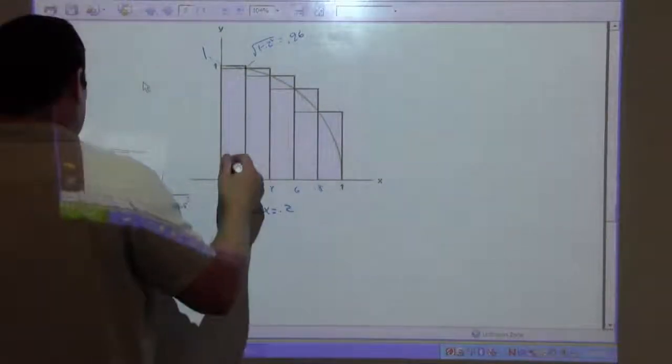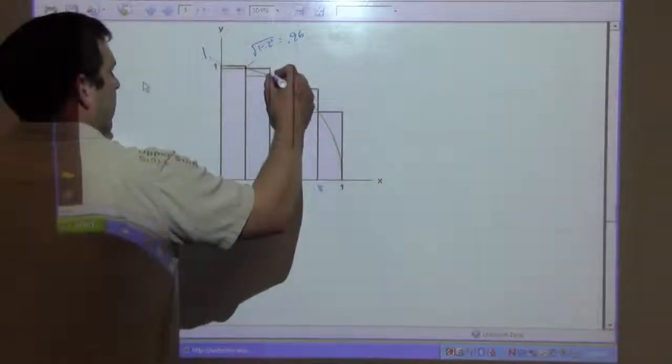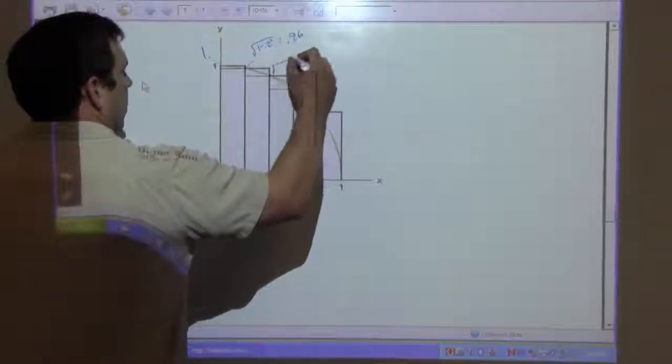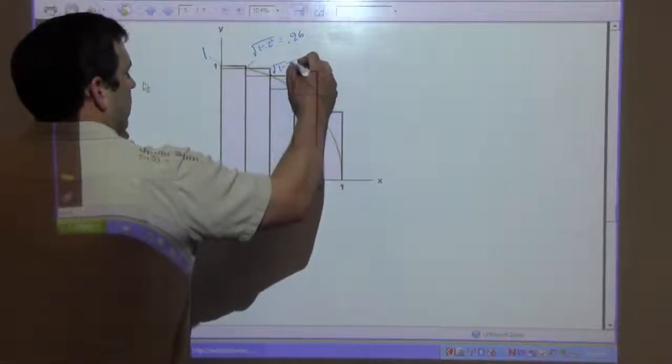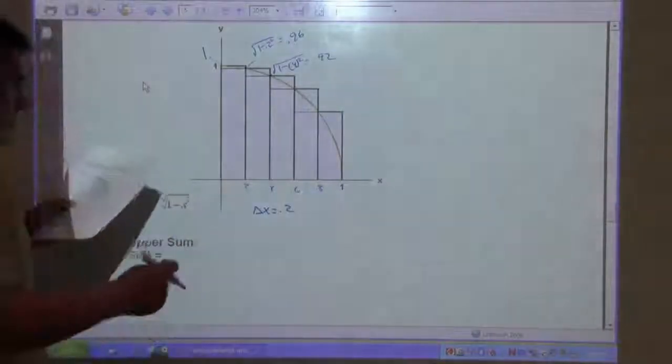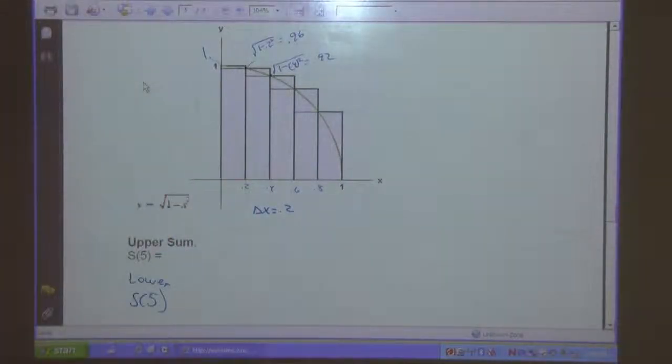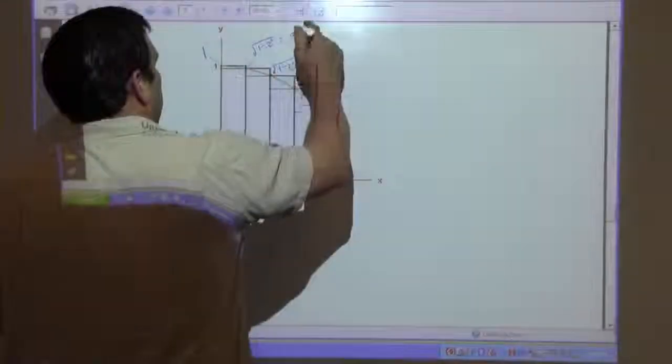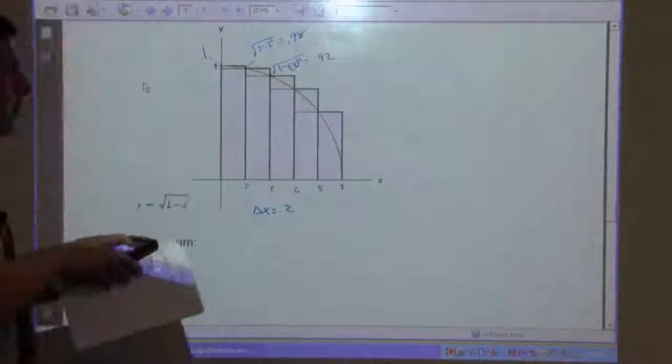And then the next one is going to be right here, the square root of 1 minus 0.4 squared. That's 0.92, this says here. Please double check these values. Oh, it's square root, yes. So it is 0.98. Okay.